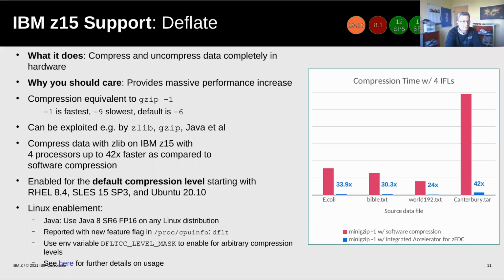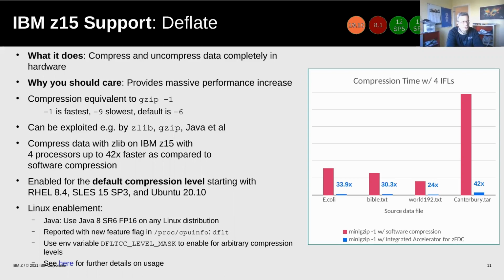So whenever you are running gzip or your application uses a C library or a Java application does some compression, or you're running compression in any other application, you would per default now start to use our compression in hardware.